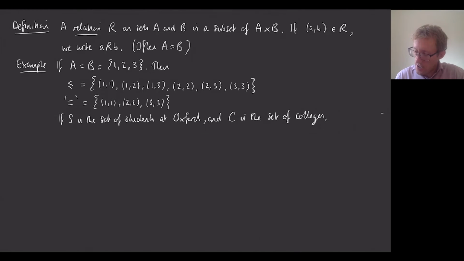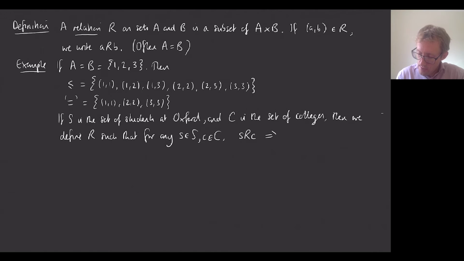And then I'm going to define a relation on S and C. So say then we define R such that for any s in S and c in C, s is related to c if and only if, I'm going to use that symbol now, s is a member of c. Right? So a student is related to a college if they're a member of that college.